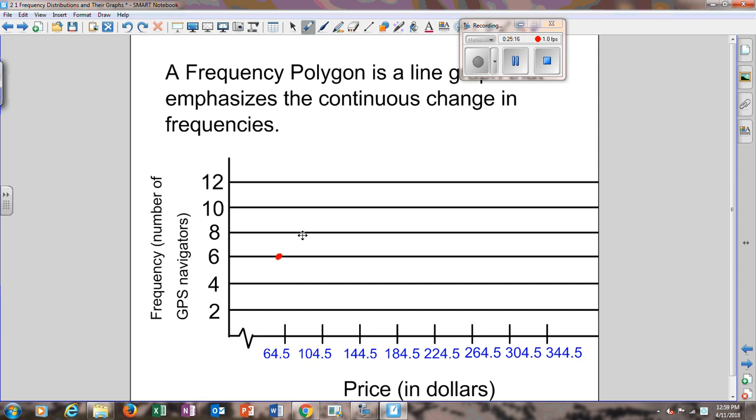Then 9, then 6, and 4, and 2, and then 1, and 2.